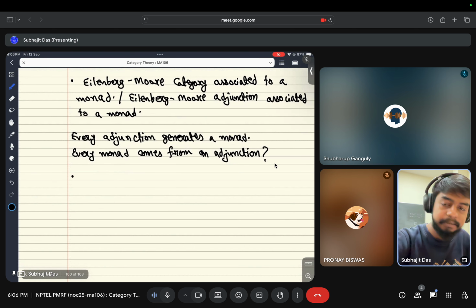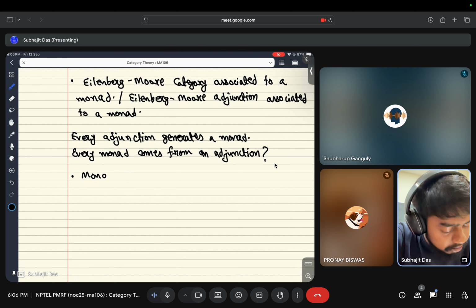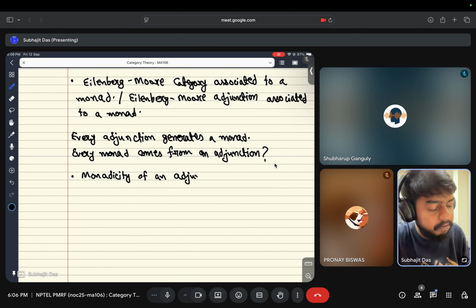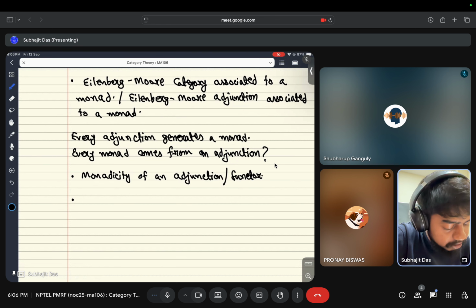Then you studied something called the monadicity of an adjunction or of a functor. It's the same concept. And you also studied the notion of how to characterize monadicity.